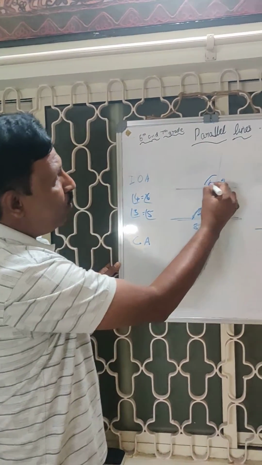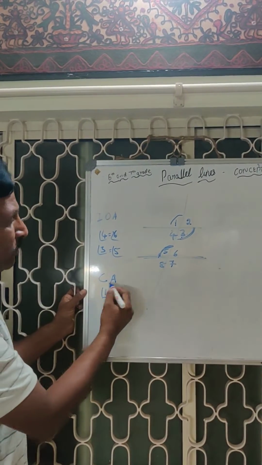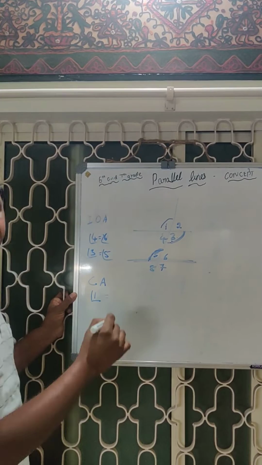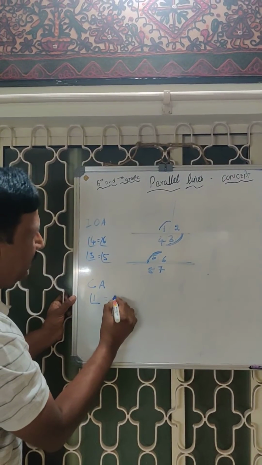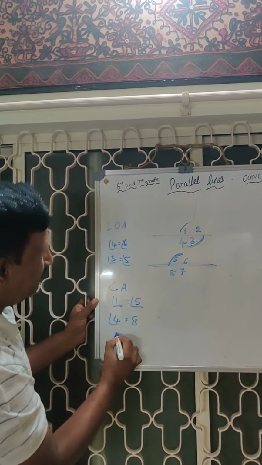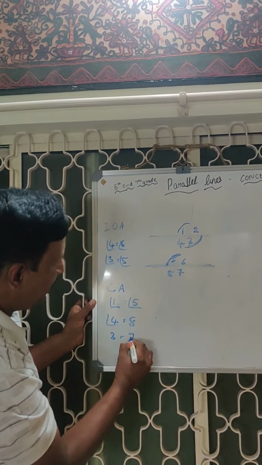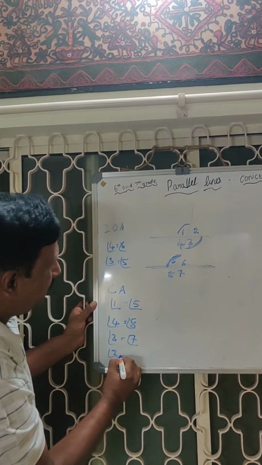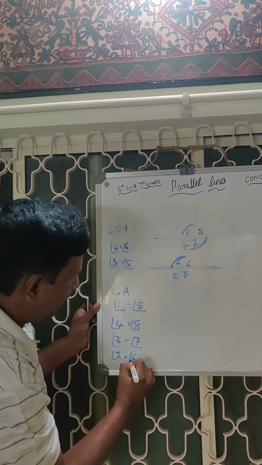Corresponding angles are 1 and 5. That is, corresponding angles are equal. 1 equal to 5, 4 equal to 8, 3 equal to 7, and angle 2 equal to 6.